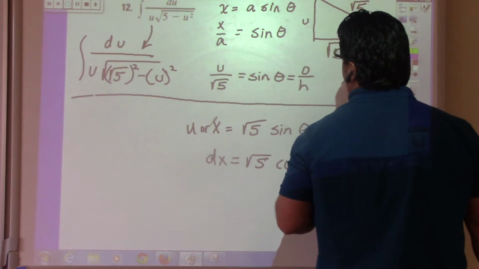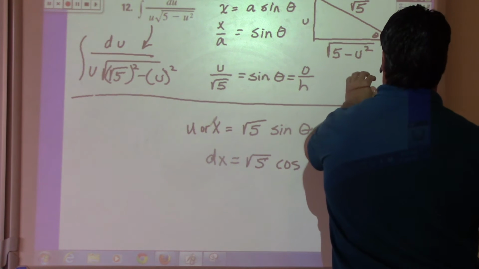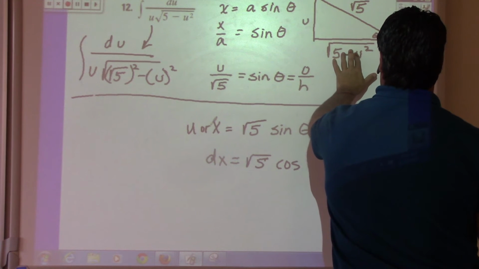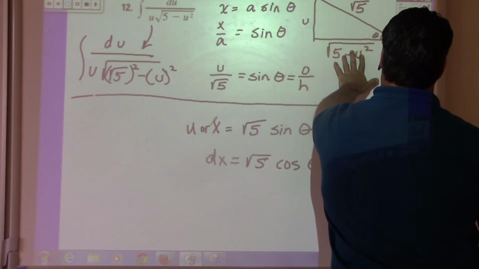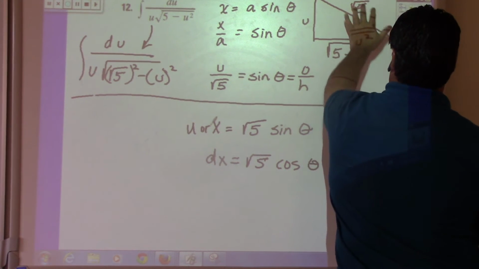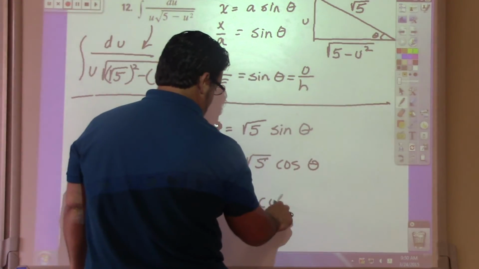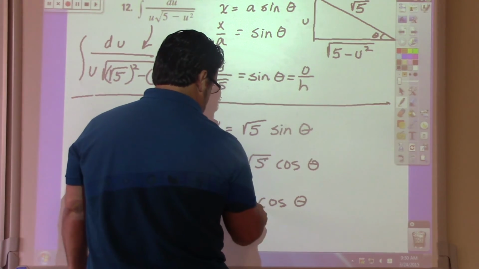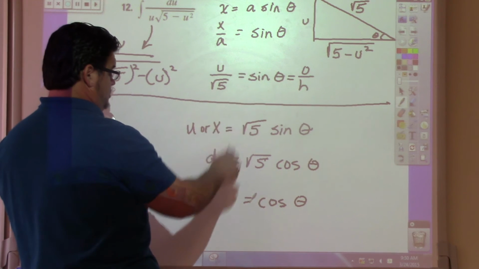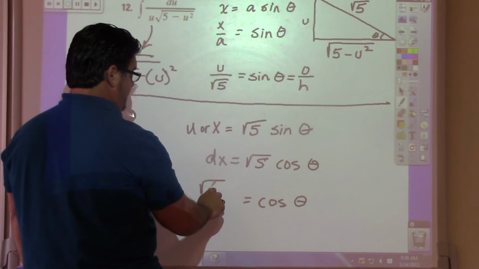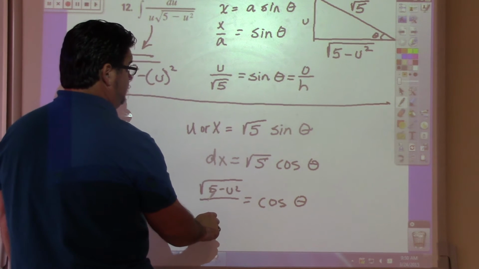So, Oscar had a hunk of apple. A hunk would be the cosine. So, the cosine of theta is equal to a hunk, which would be the square root of 5 minus u squared over square root of 5.